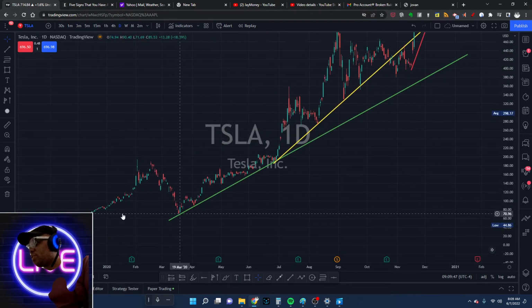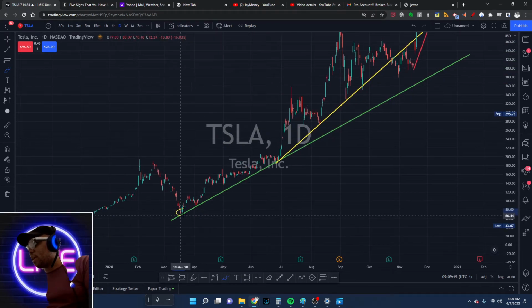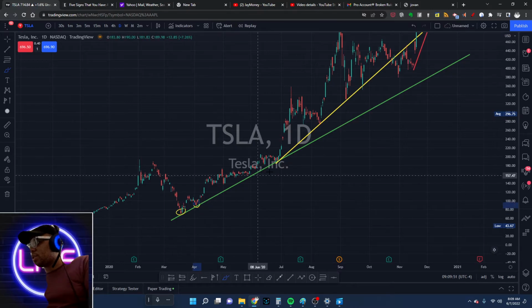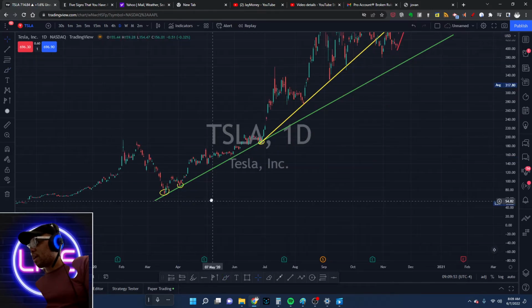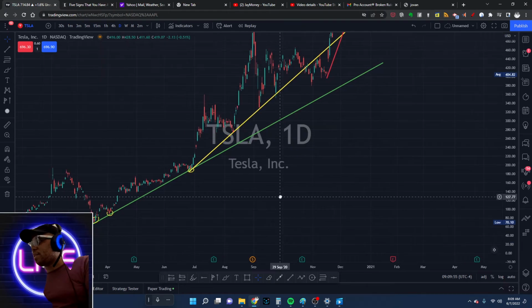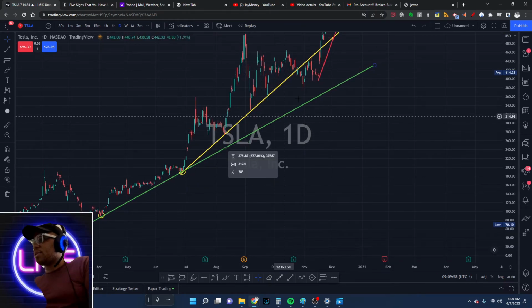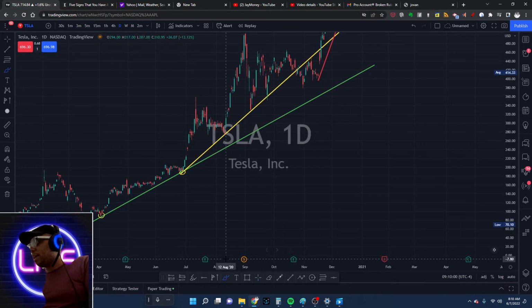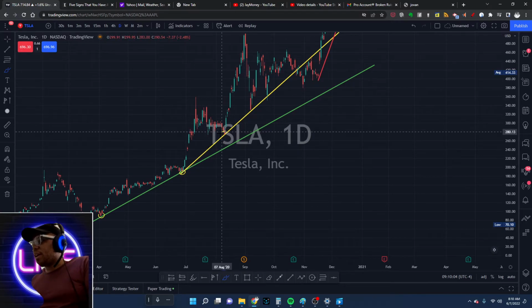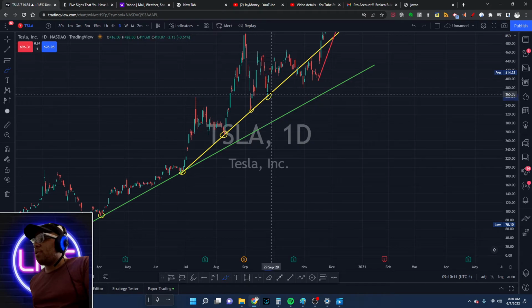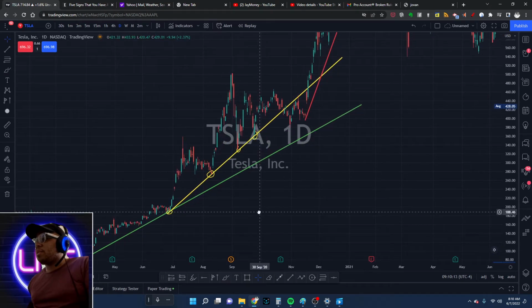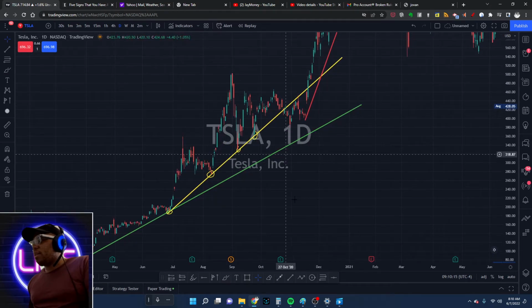It started this trend line. You had 1 touch, 2 touch, 3 touch, and that was kind of sustainable. It could have continued this trajectory for a little bit, but the buyers became more urgent in this area, and it accelerated its trend line. 1 touch, 2 touch, 3 touch, 4 touch. Then we thought that was over with, and it started to weaken.